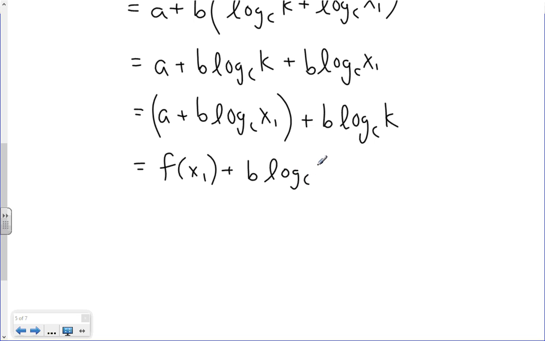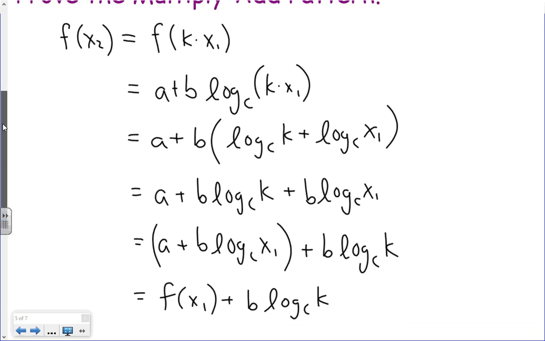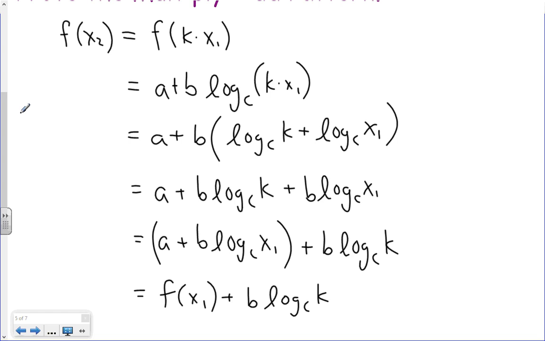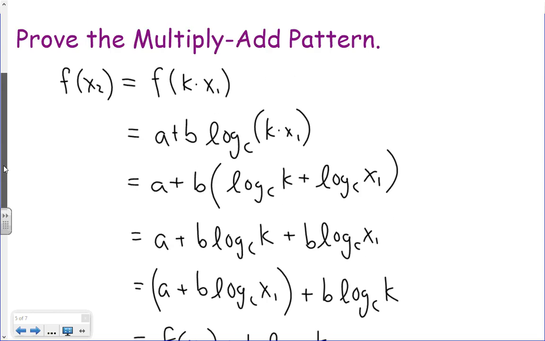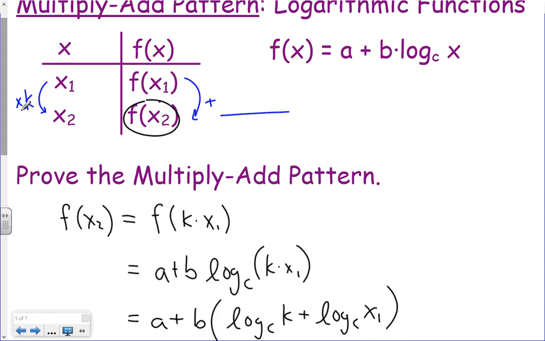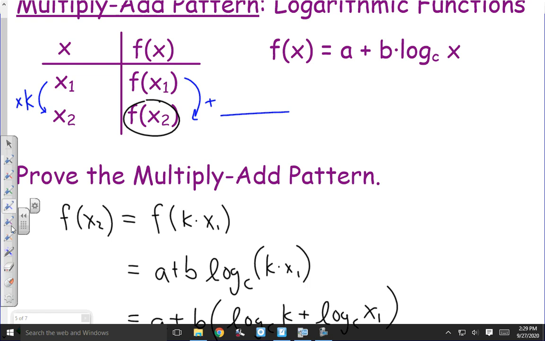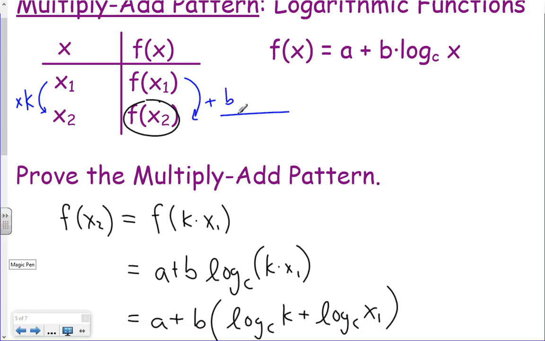And there we go. I've now proven that if you start out with f of x sub 2, I can rewrite that as f of x sub 1 plus some number. Not only that, I can tell what that number is. It's b times the log base c of k. So let's fill that in. b times the log base c of k is that key value there.